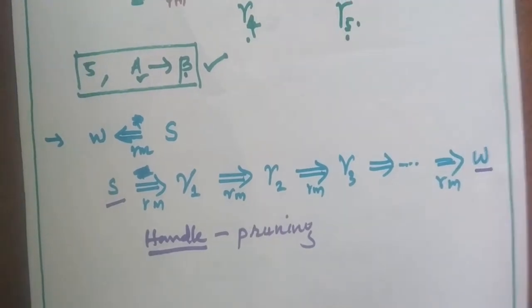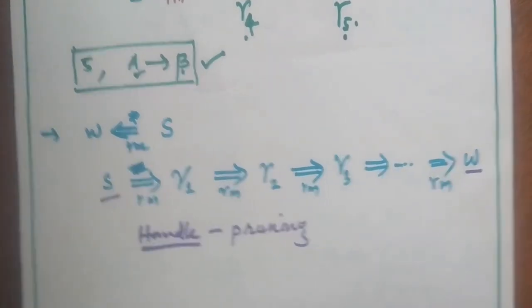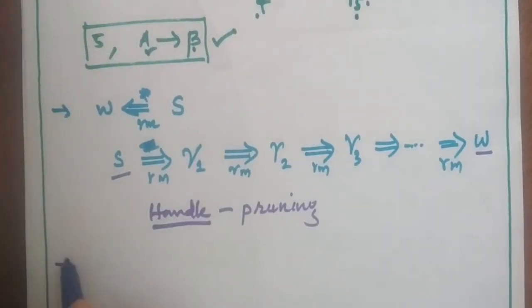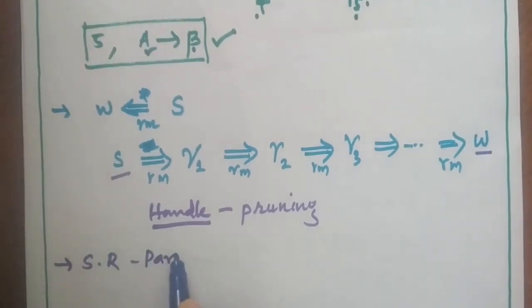Then we can see what a shift reduce parser is, and why it is called a shift reduce parser. Shift reduce parser, in short we say SR parser. An SR parser consists of two main operations: the shifting operation and the reducing operation.